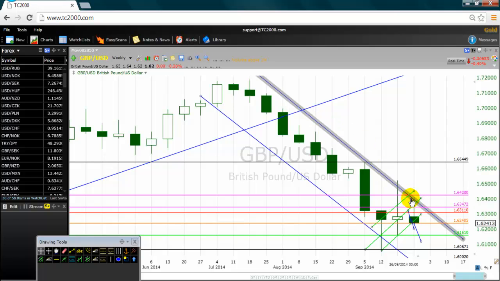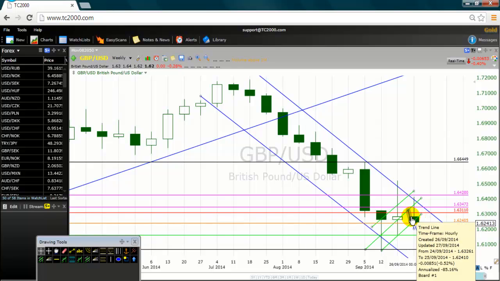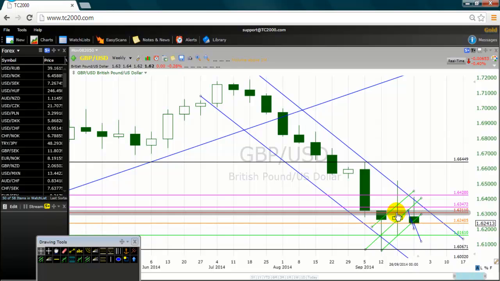It retested the edge, traders took profit and sold it down. Not only did they sell it down, the price went below the opening price, even below the opening price of the previous week. It's looking bearish for the pound-dollar currency pair.